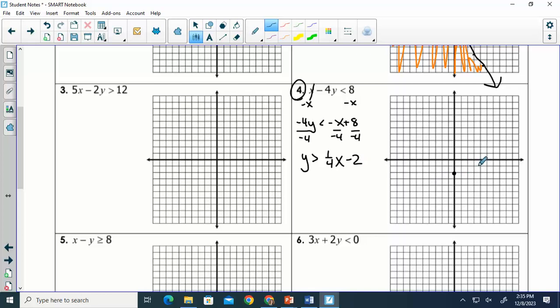Slope of 1/4, so up 1, over 4. Solid or dash? Dash, because it doesn't have an equal to. Above or below? Above. Greater than says above, so we're going to shade everything above this line. So any ordered pair in that shaded part would work.